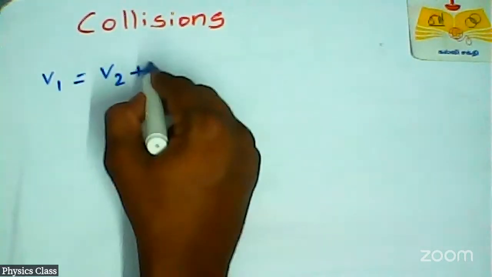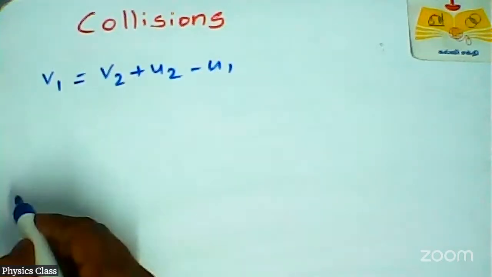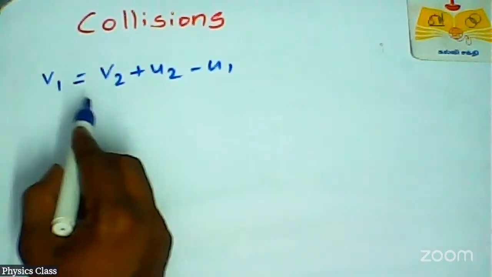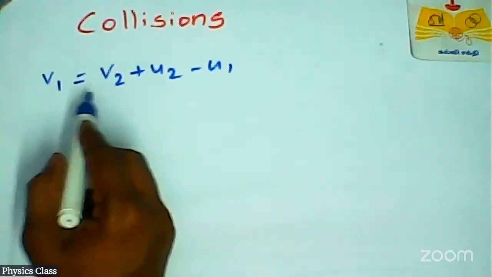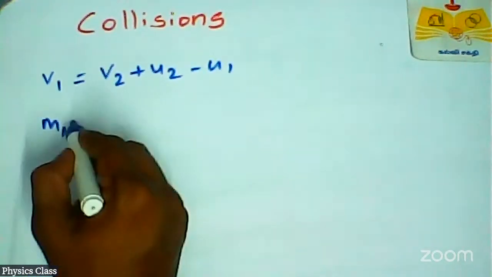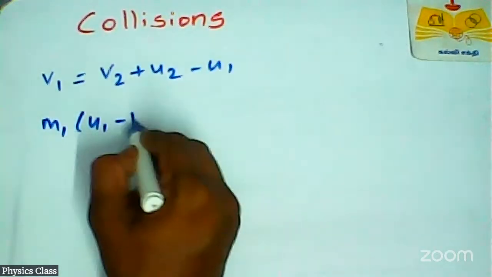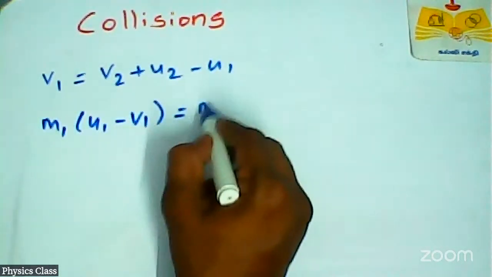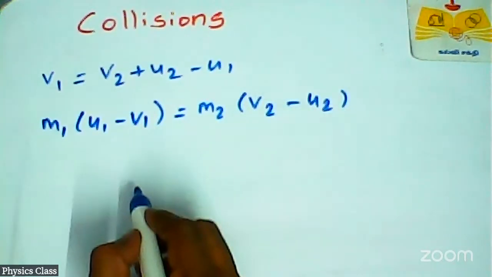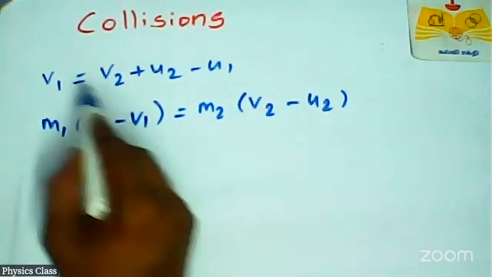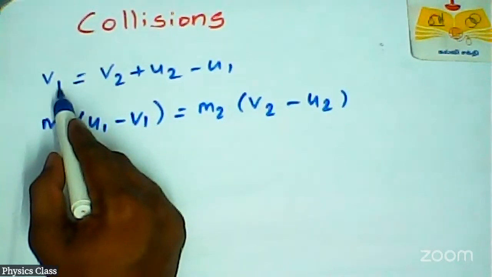So we got v1 equals v2 plus u2 minus u1. We can substitute this into the equation we already have, that is m1 times u1 minus v1 equals m2 times v2 minus u2. Yes, this is the momentum equation, and we have the v1 equation.